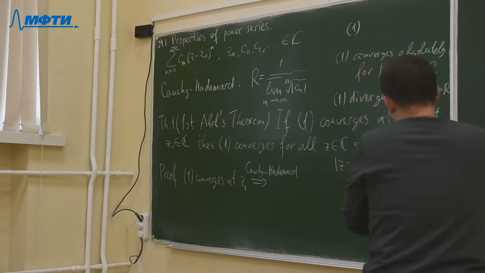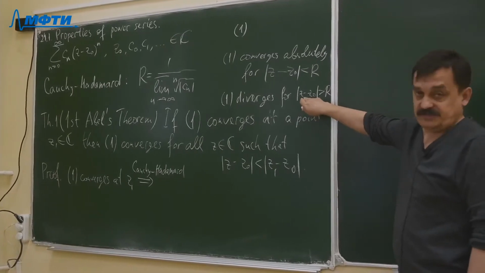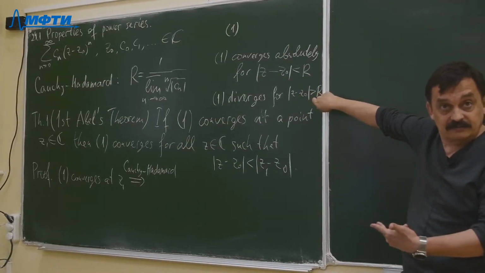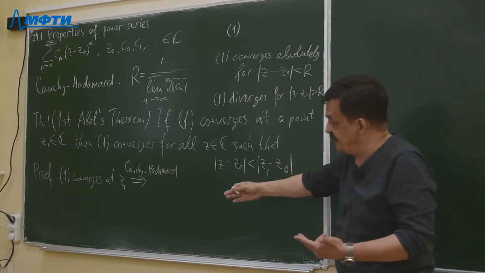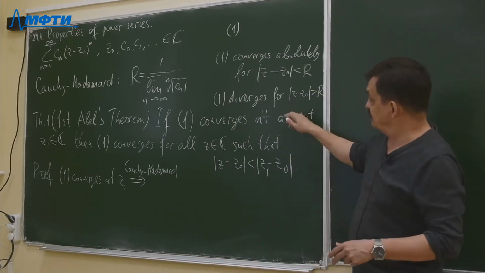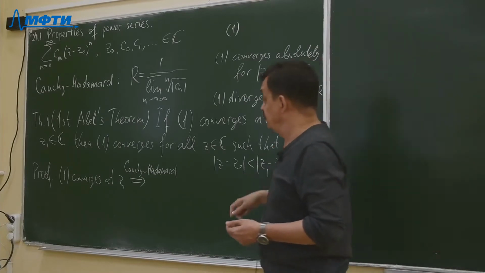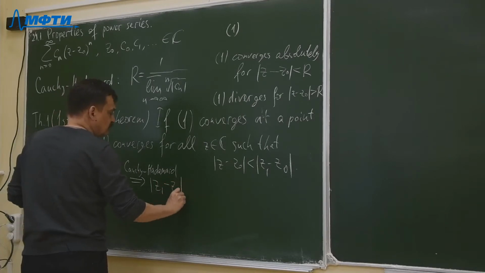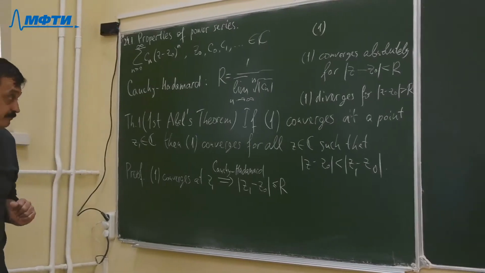Look, we know that for sure (1) diverges for |z minus z0| greater than r, right? And we know that (1) converges for z equals z1. It means for sure that z1 does not satisfy this inequality, right? So it means that modulus of z1 minus z0 is less or equal than capital R, for sure, right?